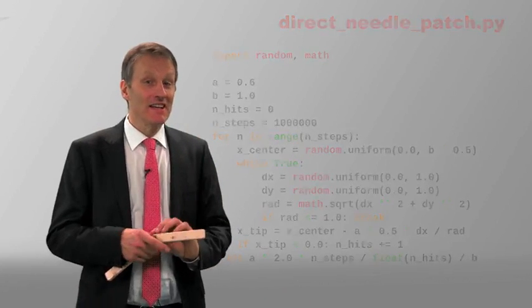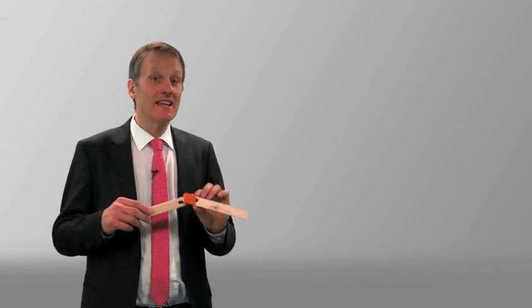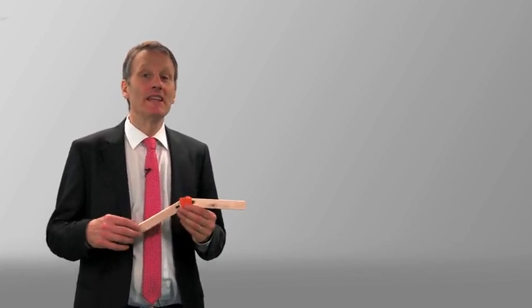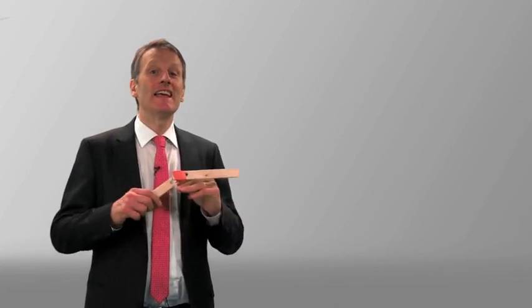And especially try to think over this amazing argument by Barbier, telling us that the mean number of hits is proportional to the length of the needle, independent of its shape.